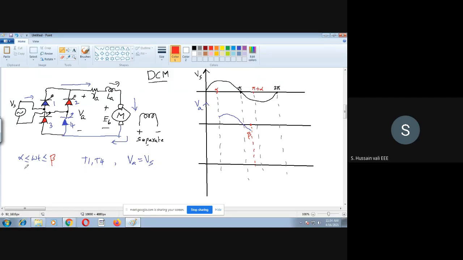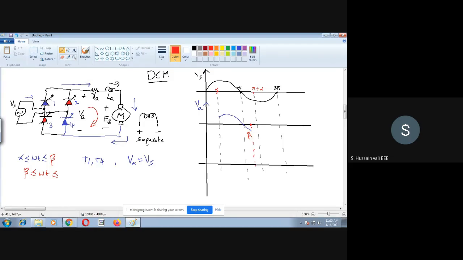Now after beta, that is beta less than or equal to omega t, what will happen? We have seen that there is no current in this closed path. Still remember the motor is running. When the motor is running, there will be back EMF, that is EB, after beta.